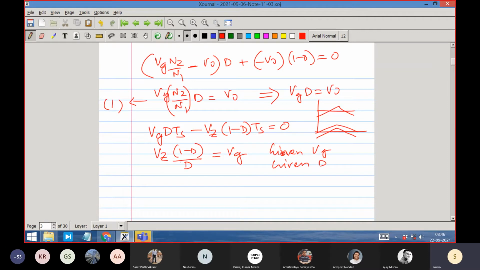So we have to choose a Vz, which is nothing but dVg by (1 minus d). Now, do we have to choose precisely that? Just exactly that? No, because if we choose precisely that, the magnetizing current will come precisely to 0 at the end of 1 minus d. This is d, this is 1 minus d.